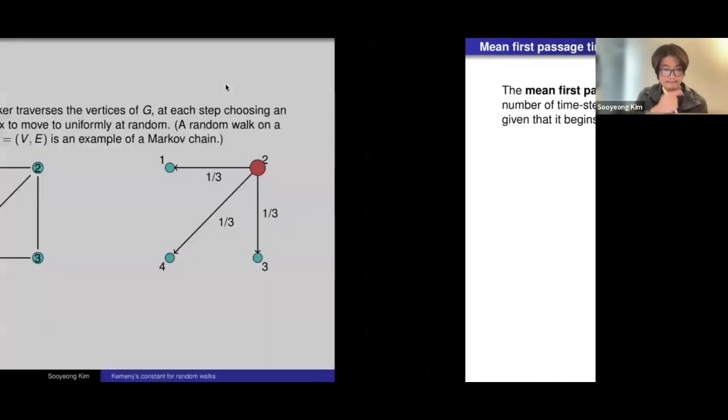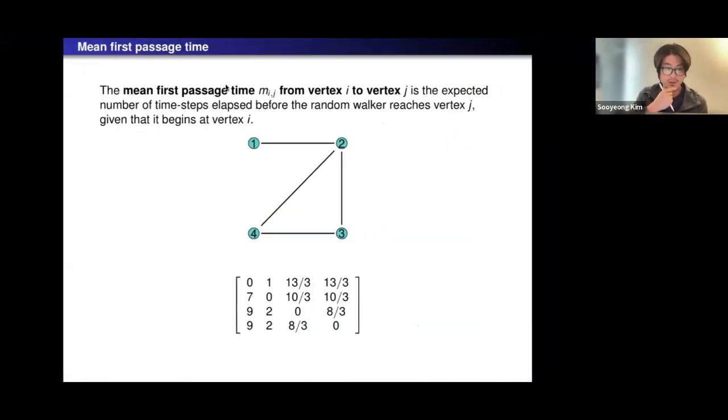First of all, let me introduce a quantity called mean first passage time, also called hitting time. The mean first passage time from vertex i to j is the expected number of time steps elapsed before the random walker reaches vertex j, when it begins at vertex i.